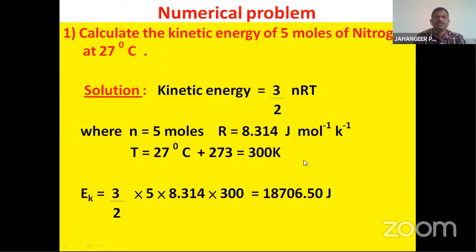This is one of the most important expected questions from an exam point of view: calculate the kinetic energy of 5 moles of nitrogen at 27 degrees. Some numericals or data may change, but the concept is very, very important. So this is one of the numerical problems based on kinetic energy. Next, let's move on.